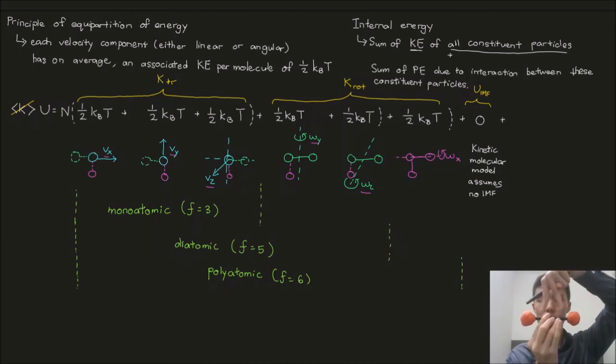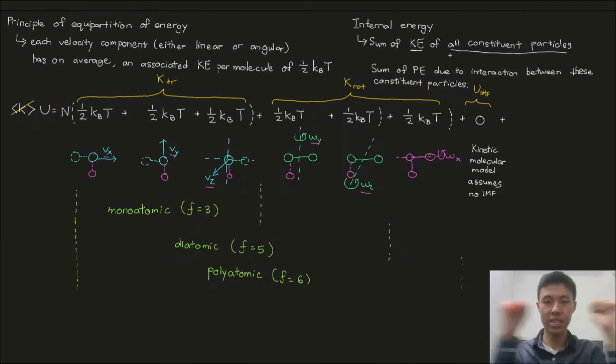Then bend means this molecule may bend like this. So there are two types of vibration that might occur: stretch, or bend. This stretch and bend of the molecular bond, we call vibration.